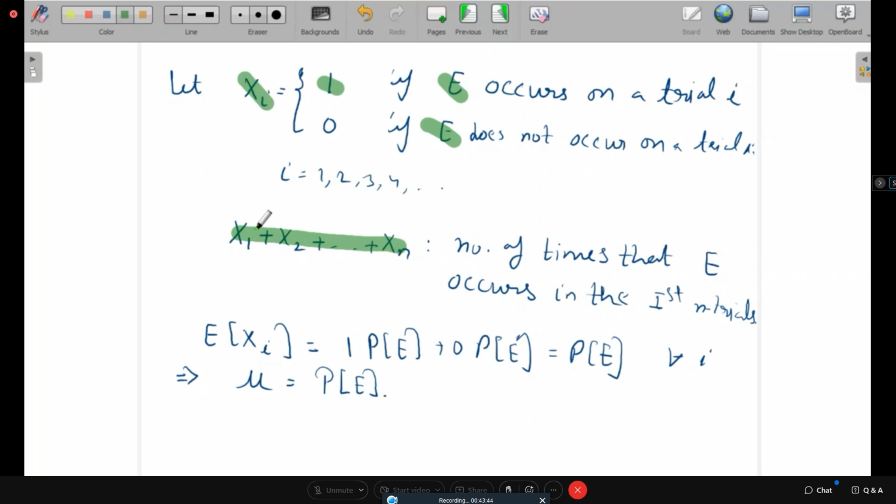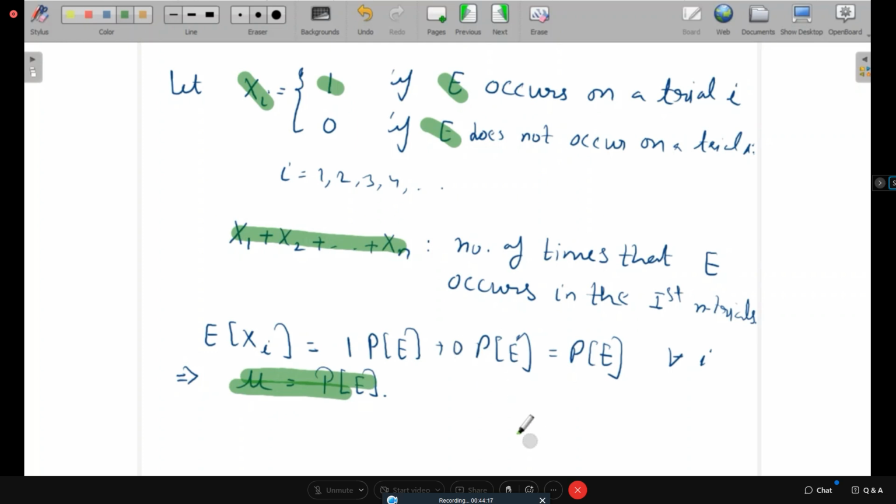So we are interested in looking at what will happen in the long run. You have already dealt with an indicator random variable, and you know very well that the mean of each random variable is the probability of occurrence of E, and we have also found the variance. What was the variance of an indicator random variable when the event A occurs or does not occur?